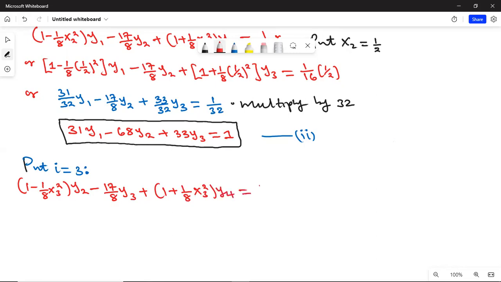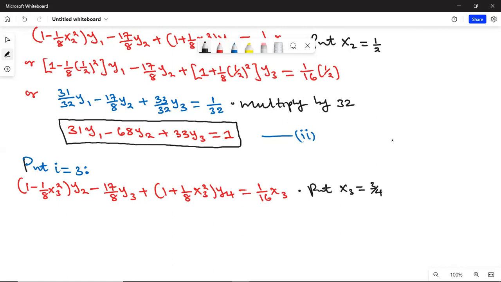On the right hand side, we have 1 over 16 times x3. Now we know the value of x3, so you write put x3 is equal to 3 over 4.